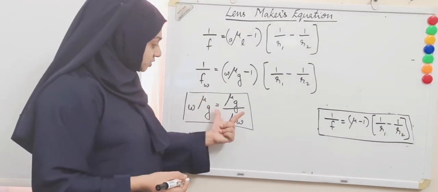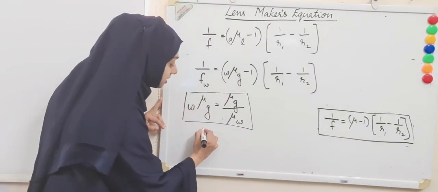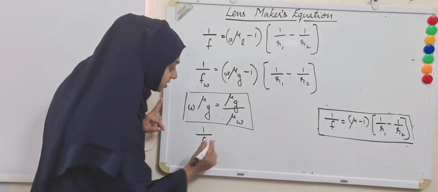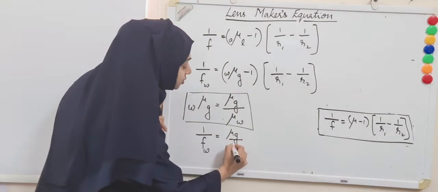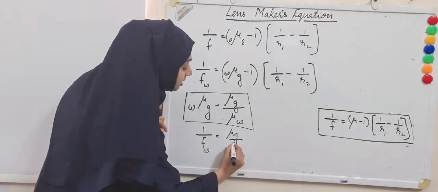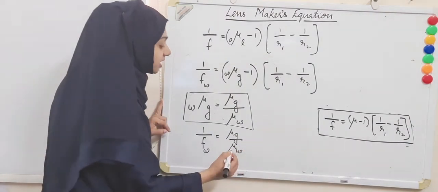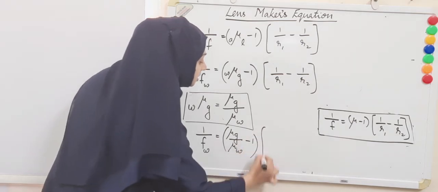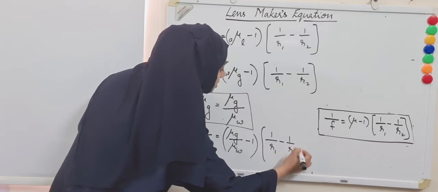Anyway, by substituting this in this equation, I can write that 1 by the focal length of the lens kept in water is equal to mu g by mu w, that is refractive index of glass divided by refractive index of water, minus 1 into 1 by r1 minus 1 by r2.